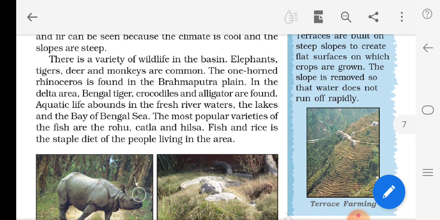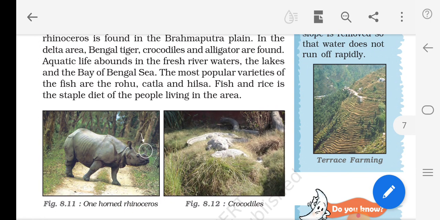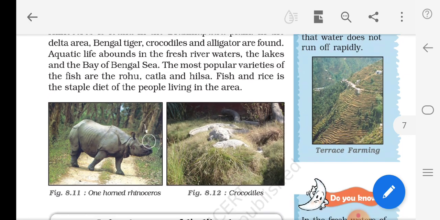What wildlife can we see in the Ganga Brahmaputra basin? Elephant, tiger, deer, monkey, crocodile, Bengal tiger, alligator, fishes like rohu, katla, hilsa. And fish and rice is the diet food of this area. What is the food? Fish and rice.